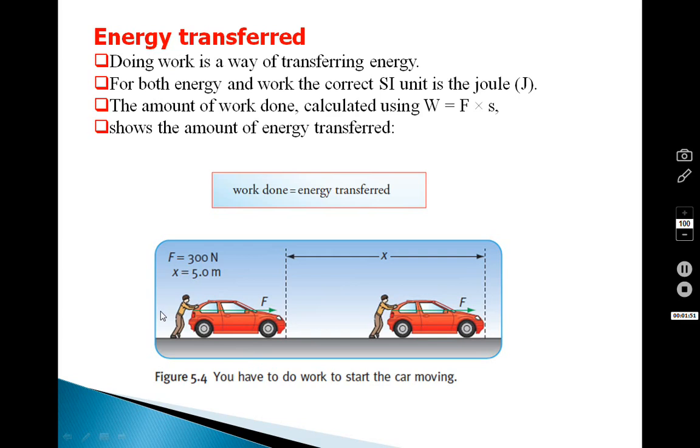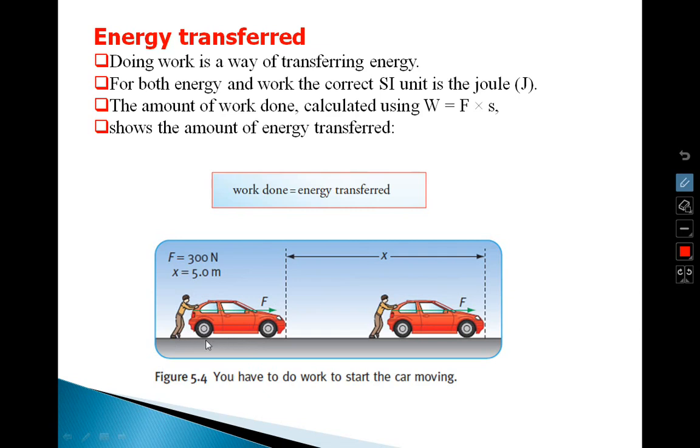Actually, as we said in the last presentation, doing work is a way of what? Transferring energy. Doing any work is a way of transferring energy. As we can see in this figure, when you push this car from this point to this point, in this direction, there is a force, and there is what?